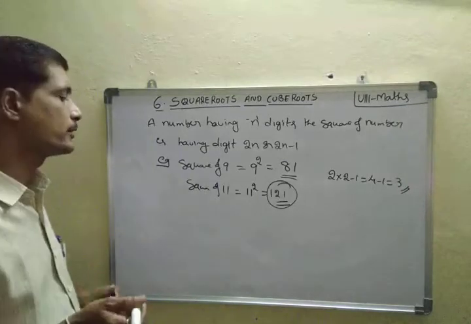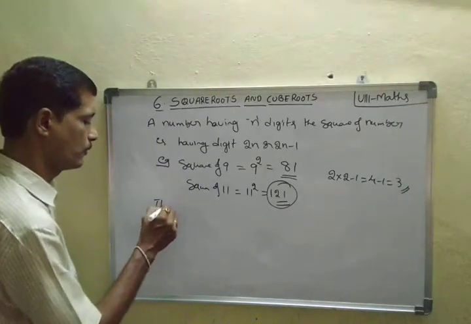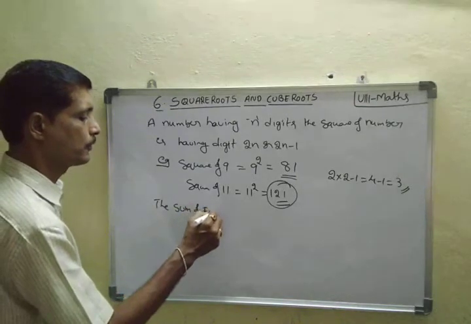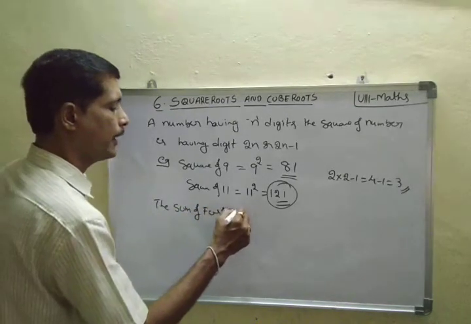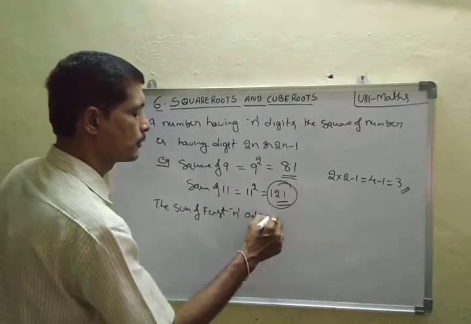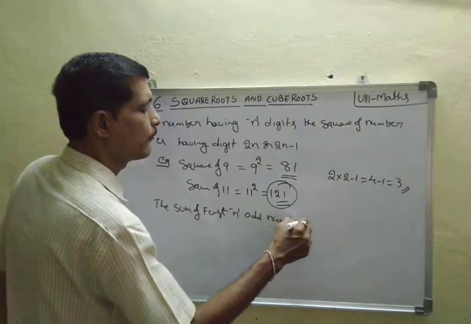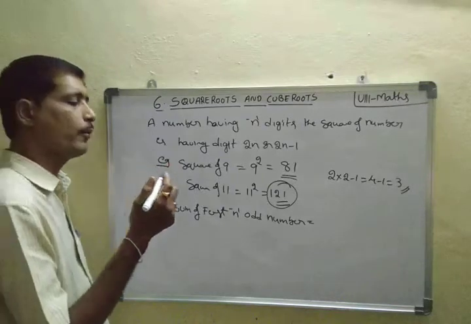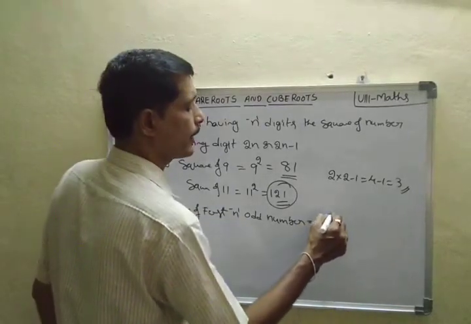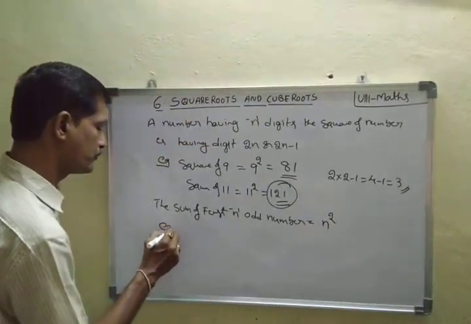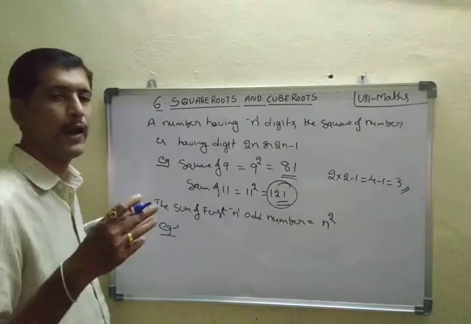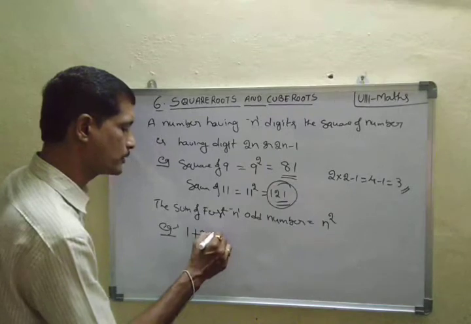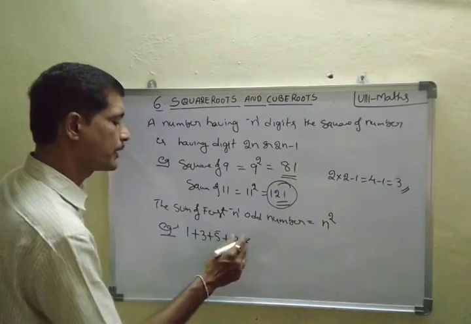Next, the sum of the first n odd numbers without addition. The sum of the first n odd numbers equals n squared. For example, the odd numbers are 1, 3, 5, 7. These are how many?